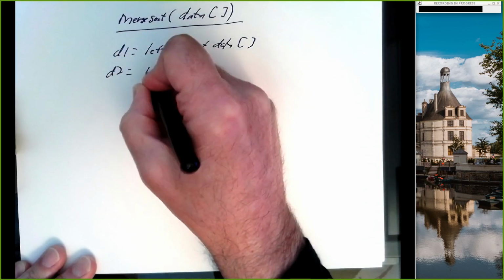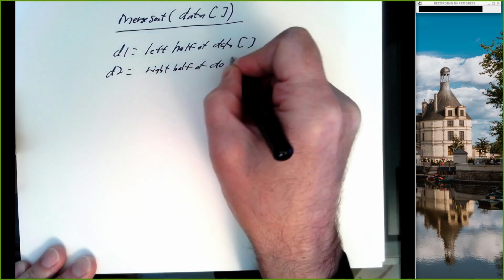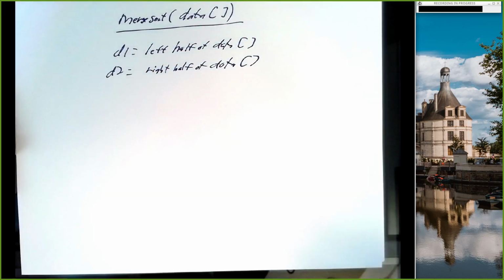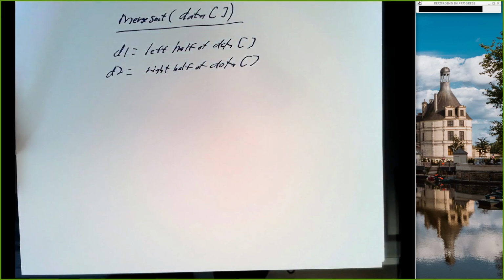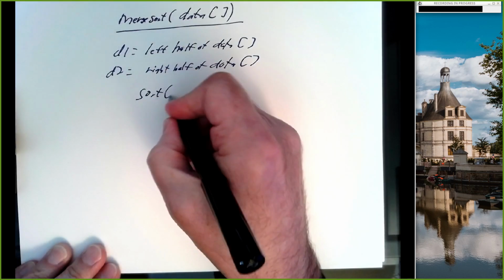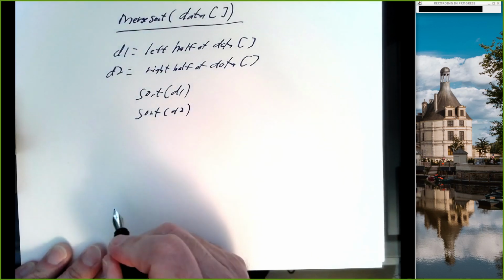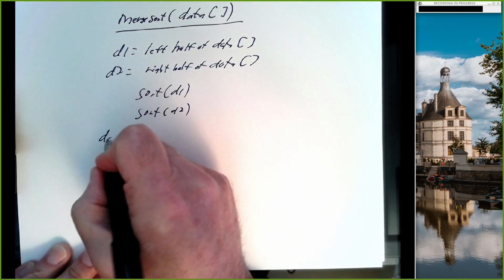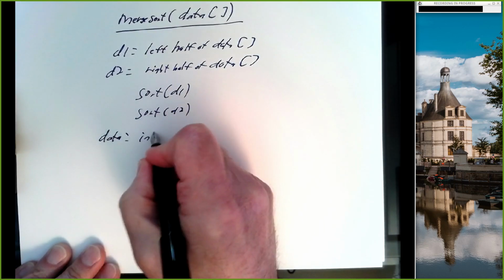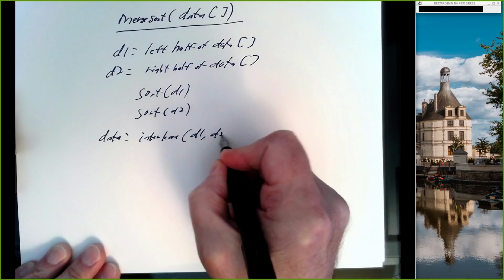Data 2 equals the right half of data. And if data's got an odd number of things, just make a choice. But, you know, roughly split it in half. And then we want to sort data 1, and we want to sort data 2 somehow. And then we want to interleave data 1 and data 2.